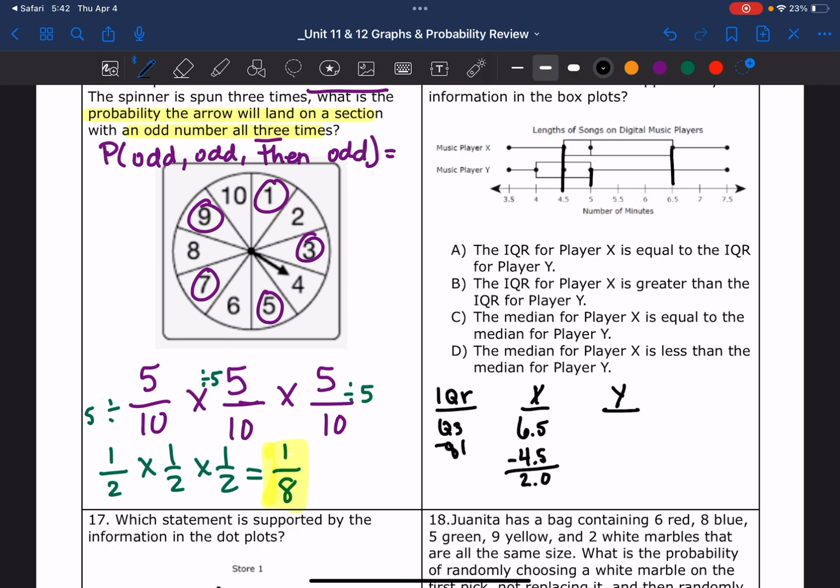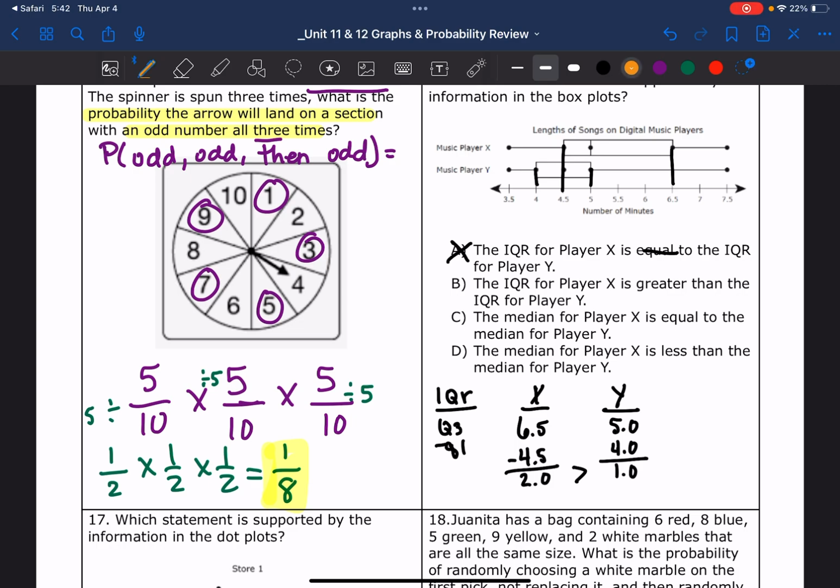Y's is 5.0 minus 4.0. Here that is just going to be 5 minus 4, which is 1. So let's look at answer choice A. Answer choice A says IQR for player X is equal. These are not equal. If we're going to compare them, 2 is going to be greater than 1. So X is greater than Y. So they are not equal. A cannot be the answer.